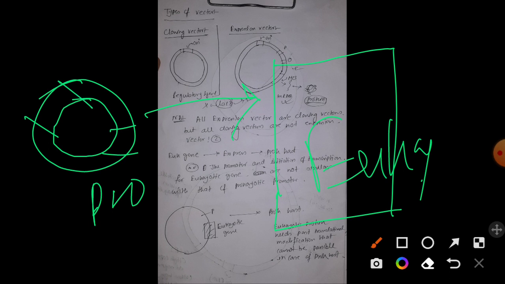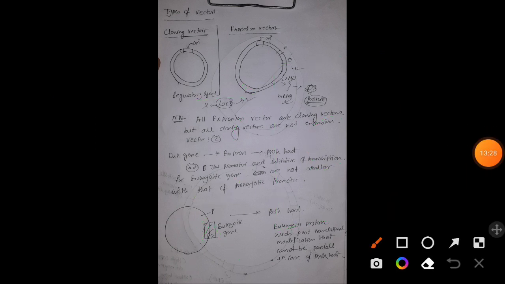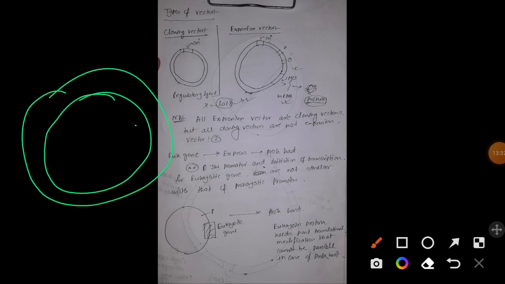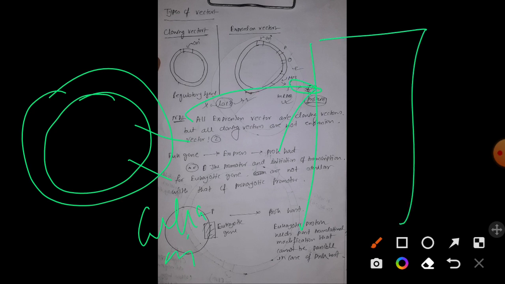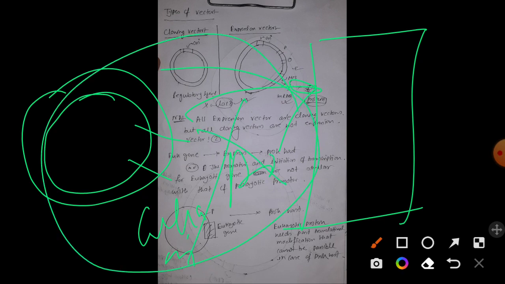Under such circumstances, sometimes they find that replication or cloning does not occur. Similarly, if they use a eukaryotic origin of replication and transfer this inside a prokaryotic host, they do not receive any kind of cloning.